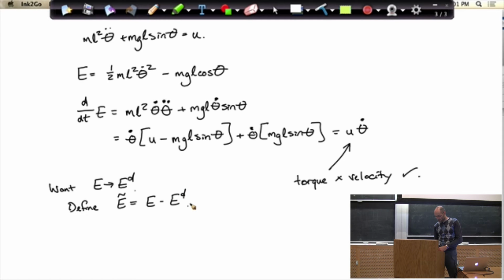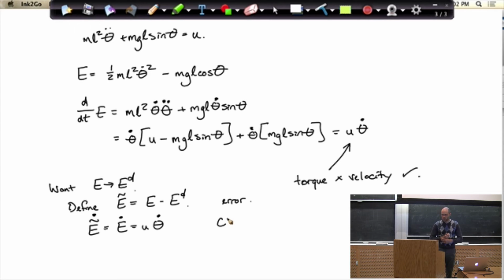Right, so that's my error. And so E tilde dot, the time derivative of that, since this is a constant, is just E dot. Is just u theta dot. So now, this is where you start thinking like a nonlinear control guy, okay?